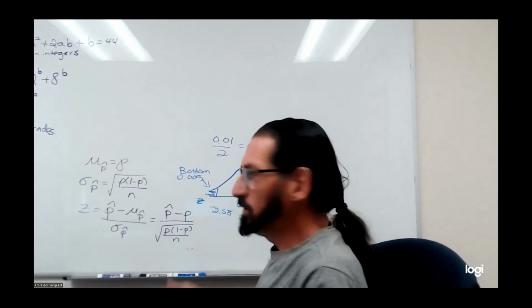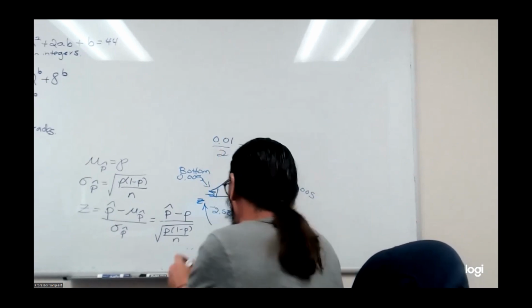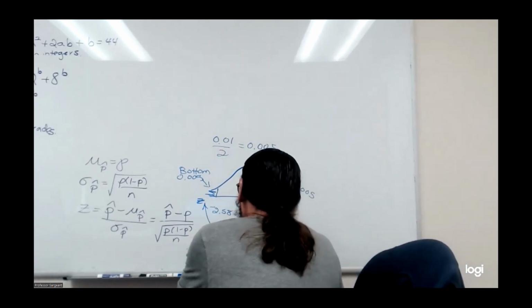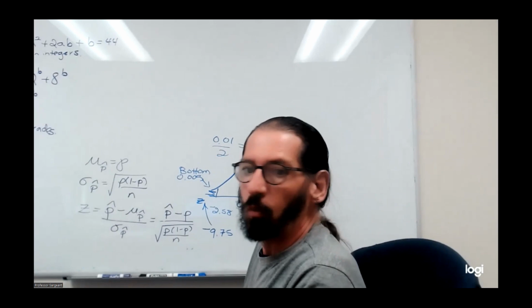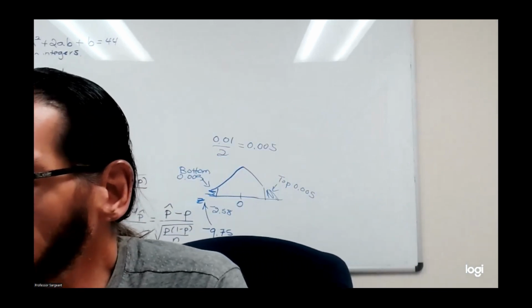Not that this is meant to be to scale, but we're way left of that. We are in the critical region with that z-score of negative 9.75.